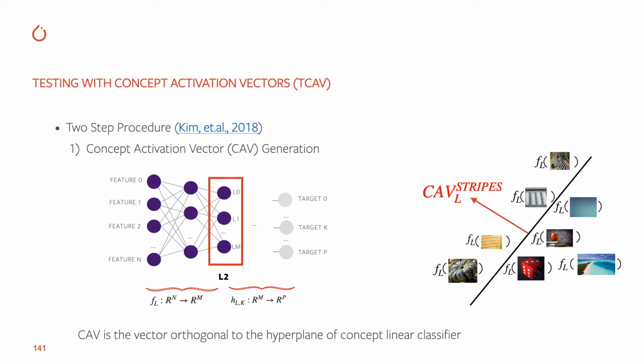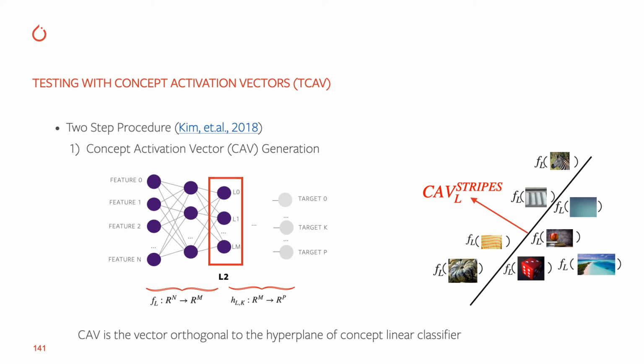Now let's train a linear classifier that helps us to distinguish between those two classes of concepts, stripes and random. The concept activation vector, also known as CAV, represents the vector that is orthogonal to the hyperplane that separates those two classes. For stripes, the CAV vector is orthogonal to the linear hyperplane and points towards the stripes concepts. For random concepts, the CAV vector is also orthogonal to the hyperplane but points in the opposite direction.